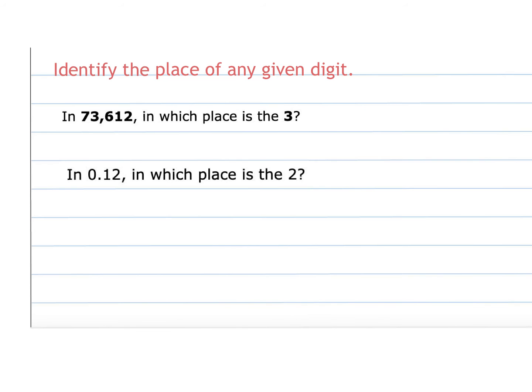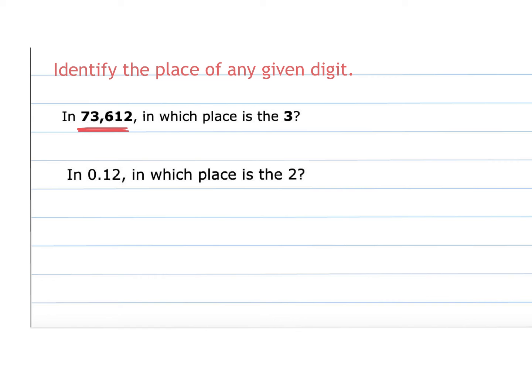All right, we're going to do a couple examples of each type of problem that we just did. So identify the place of any given digit. So I would like you to write down just this number, 73,612. And remember, you can pause this video at any time and then unpause it when you're done writing something down.